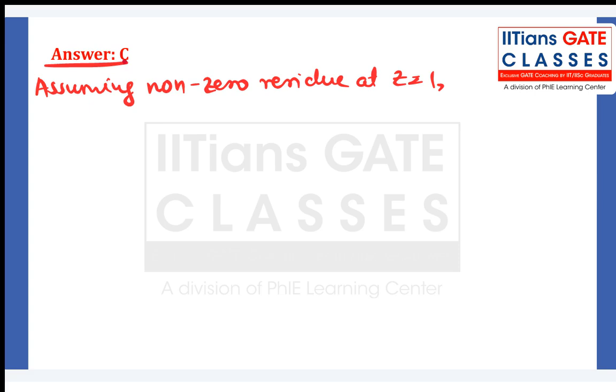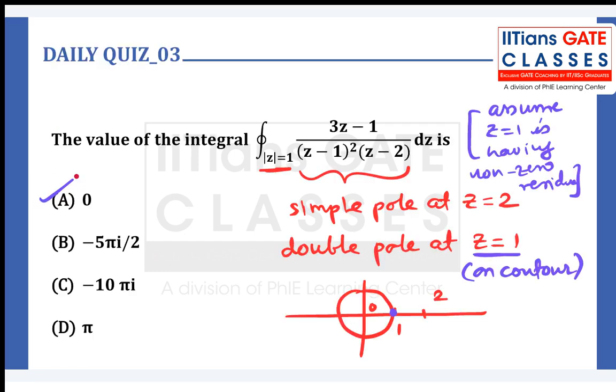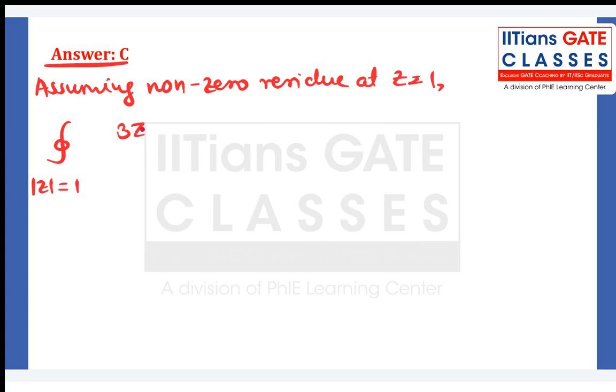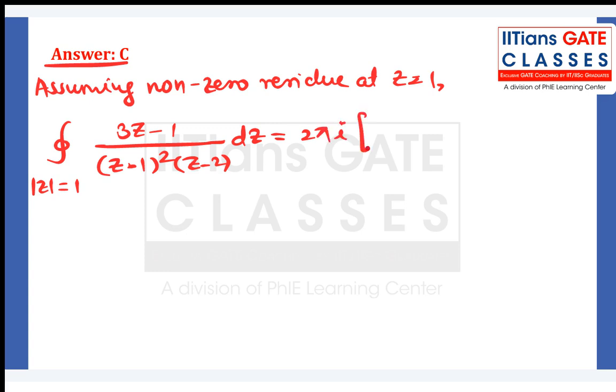So if that assumption is true, then how do we solve this? In this case it's a double pole, right? So this integration of (3z minus 1) over (z minus 1) whole square into (z minus 2) dz will be nothing but 2 pi i into the residue at z equal to 1.